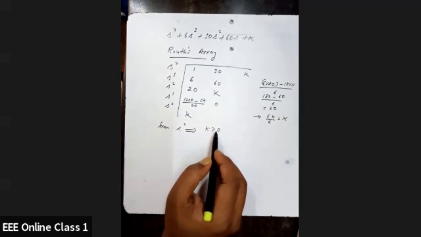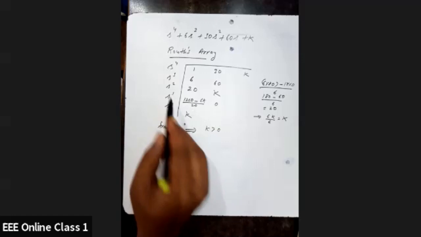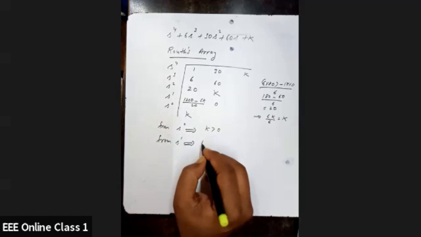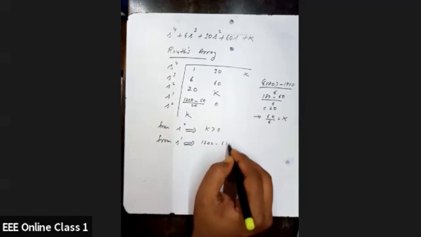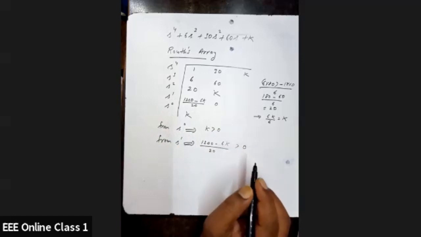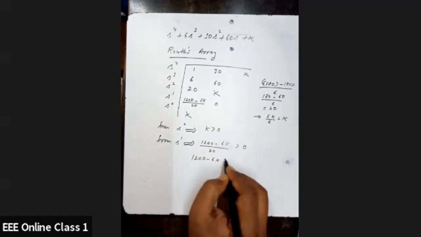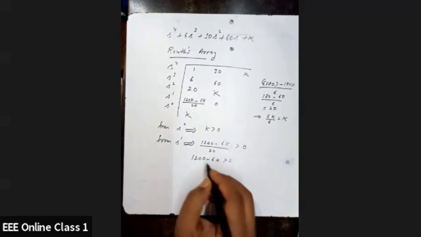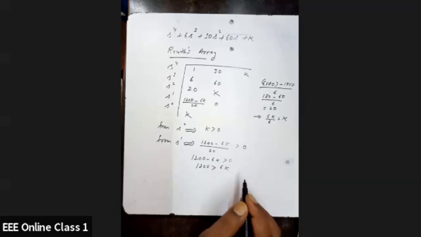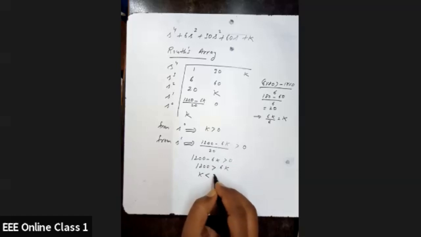Now let us find out the other limit of K. From the S1 row, it implies that 1200 minus 6K divided by 20 should be greater than 0. This indicates that 1200 minus 6K should be greater than 0, or 1200 should be greater than 6K, or we can write K less than 200.